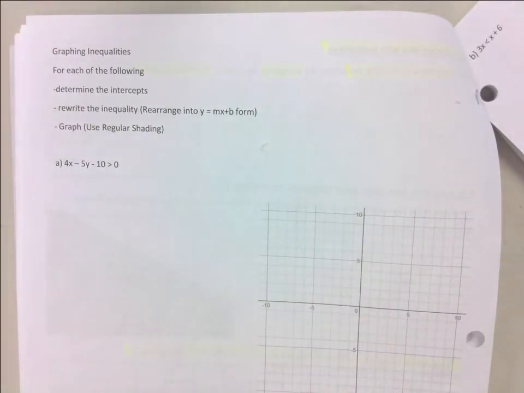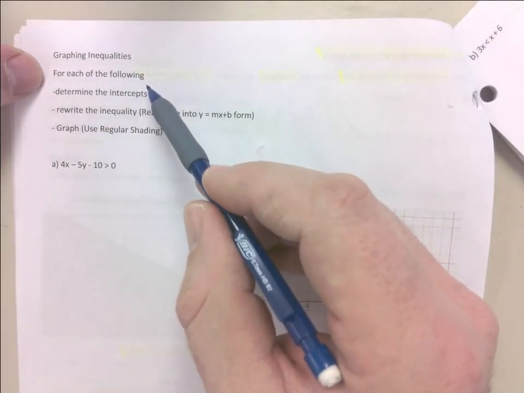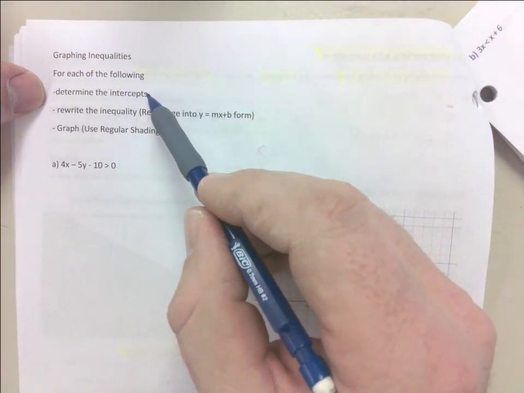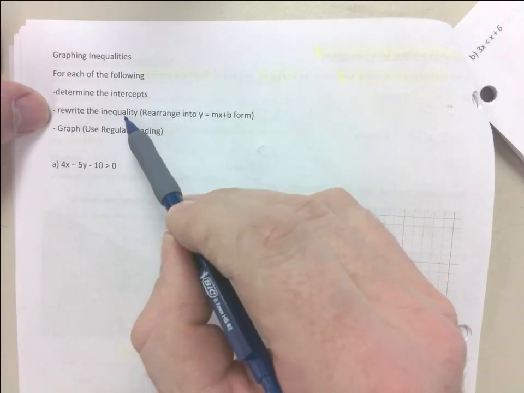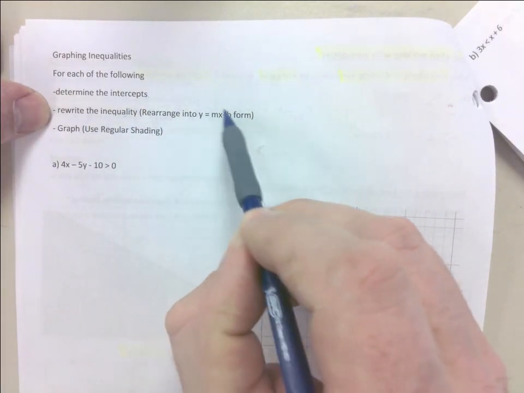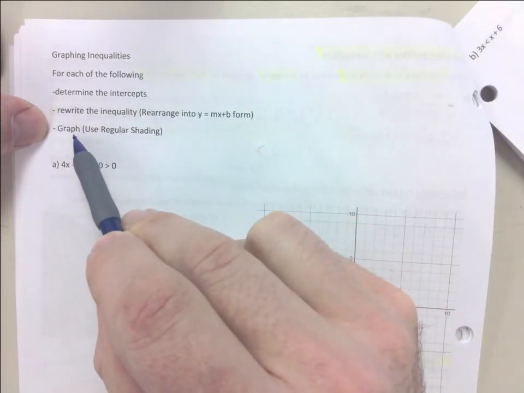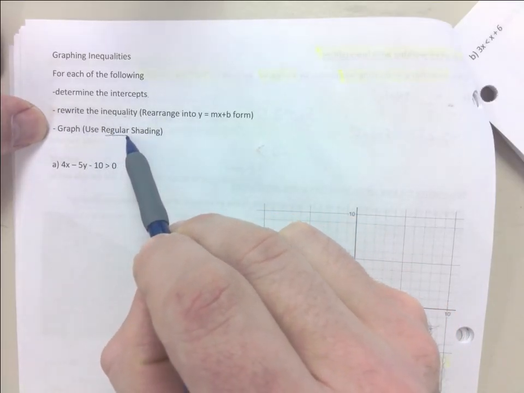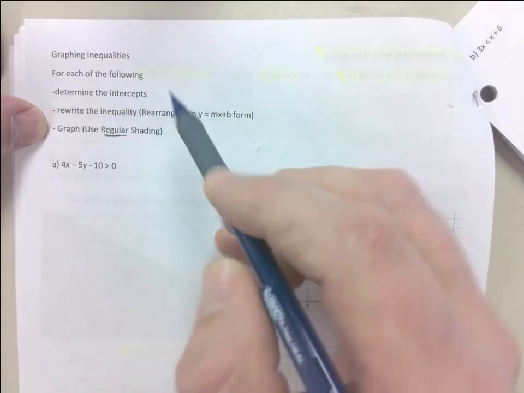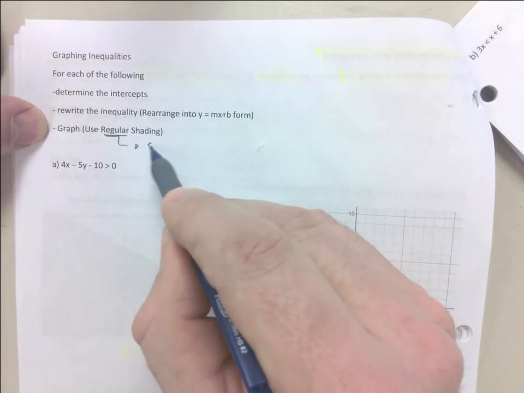Next page, graphing inequalities. For each of the following, determine the intercepts, rewrite the inequality, rearrange it in this form, and then graph using regular shading for now. Shade.